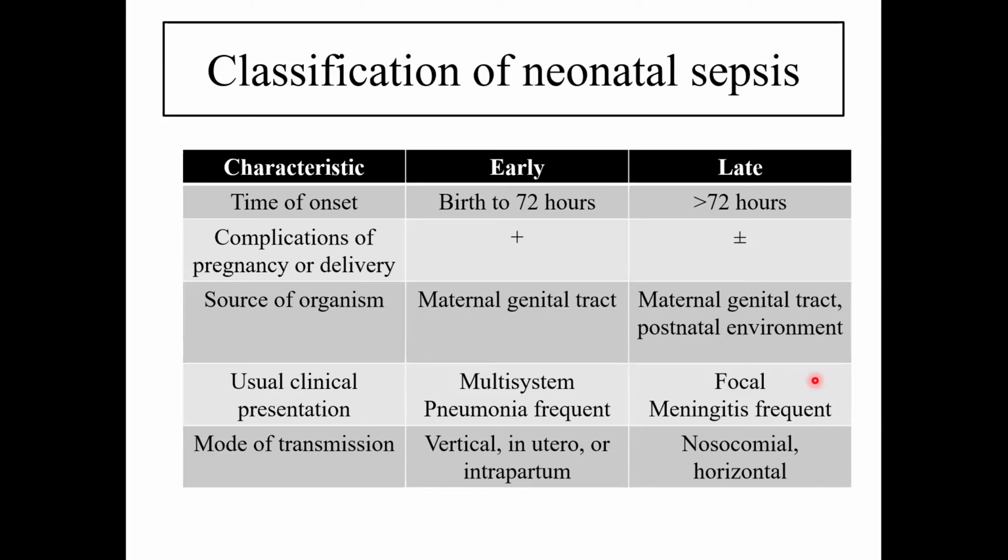Sometimes we get meningitis, sometimes septic arthritis, sometimes umbilical infection, omphalitis, right? So it's usually localized. The mode of transmission in early onset sepsis is during delivery, from mother to baby, or intrapartum. Late onset is usually horizontal or nosocomial. So it is important to know what is early onset and late onset so that we can anticipate sepsis based on the risk factors and treat accordingly.